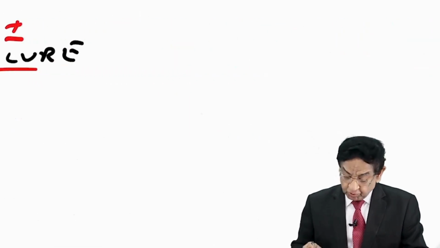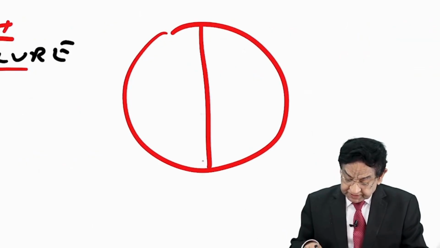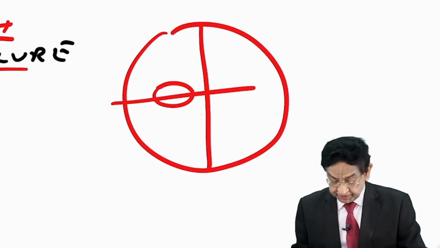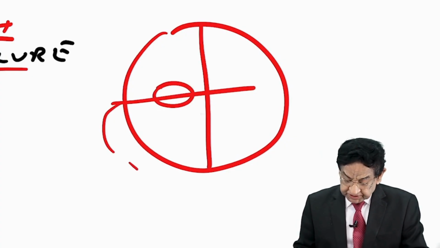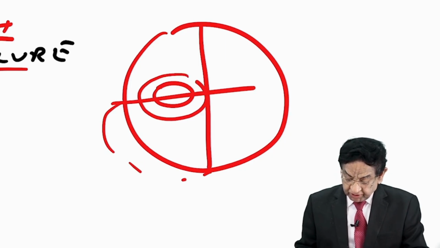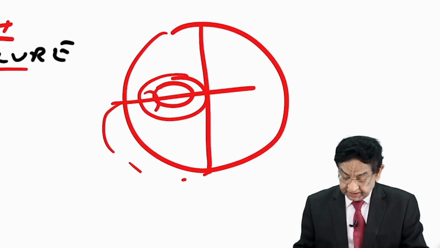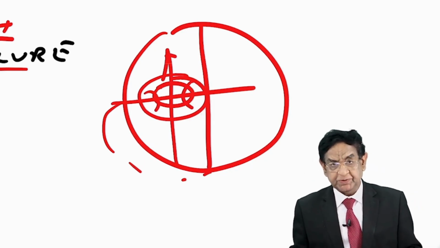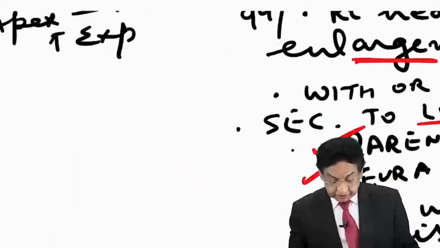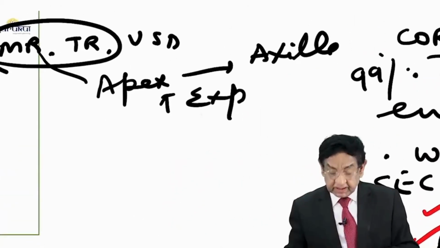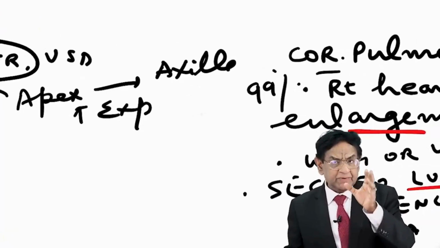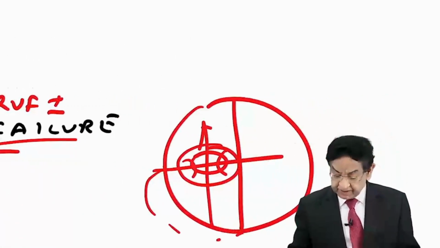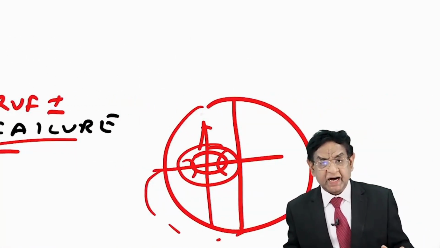So let's go back. This is the heart, this is the tricuspid valve, as I mentioned to you. When this gets enlarged, the annulus gets stretched, and that's why blood leaks. Now, as we know, cor pulmonale is the most common reason, and the right ventricle is getting enlarged.